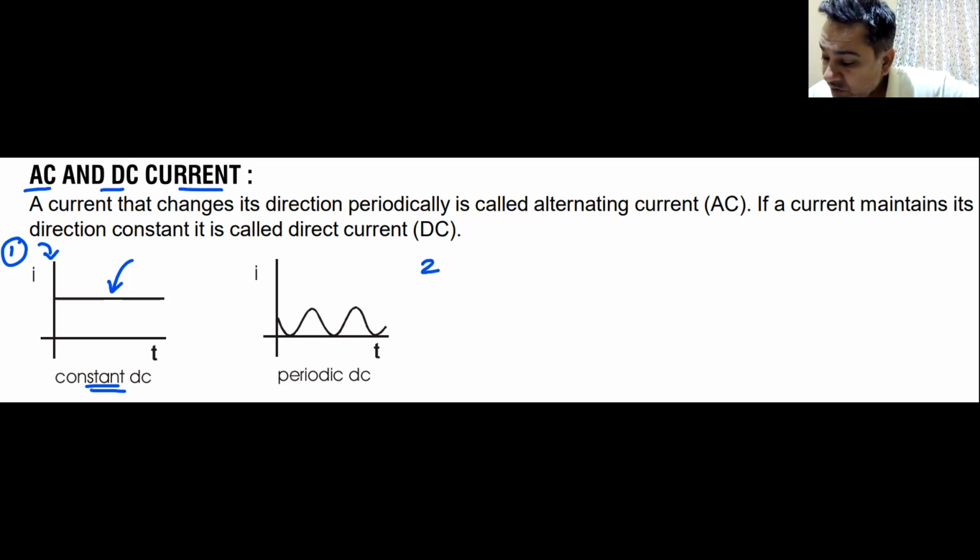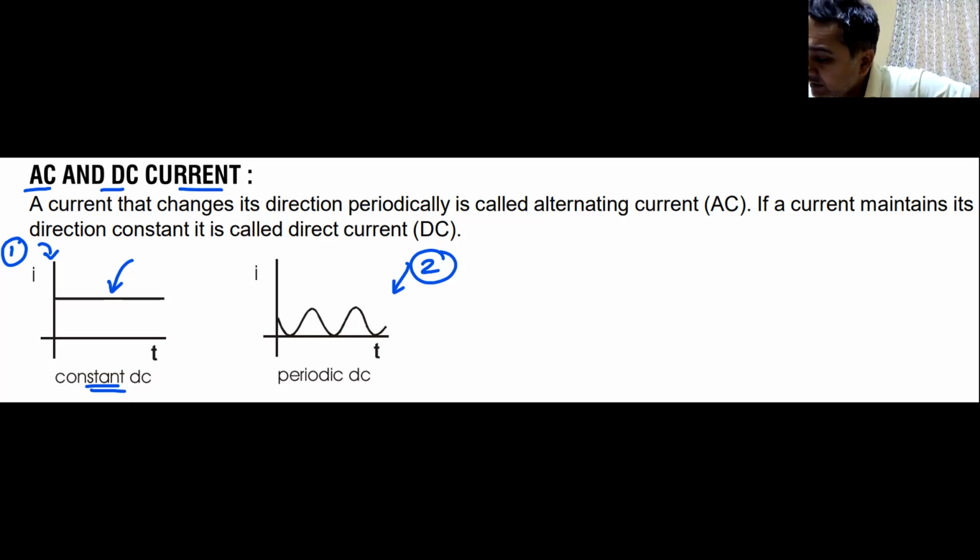If I look at case number 2, and you will have to draw these two cases, here also the current is not constant. Here the current is varying, but the direction of the current is constant.